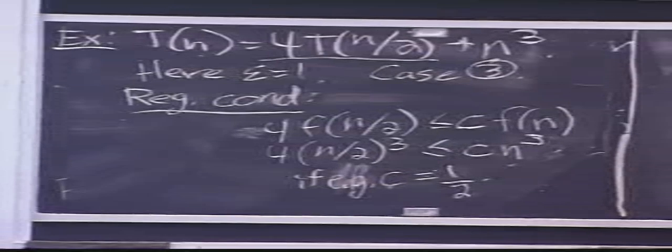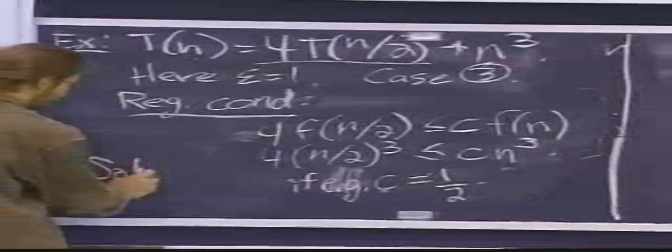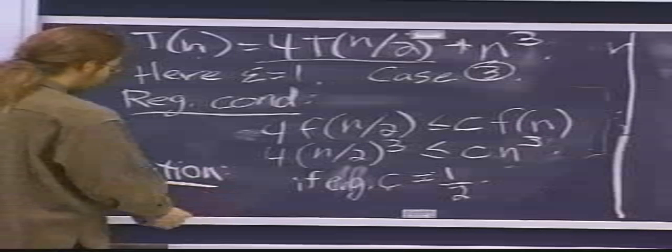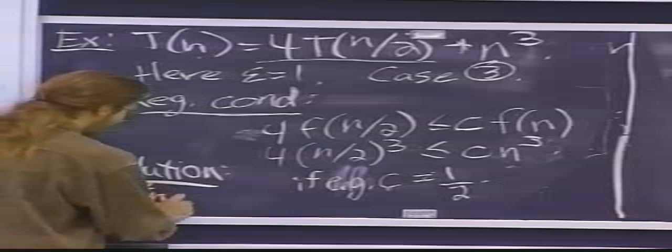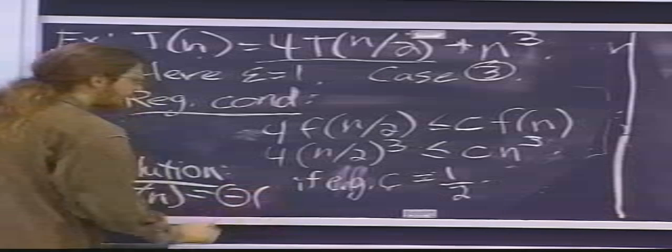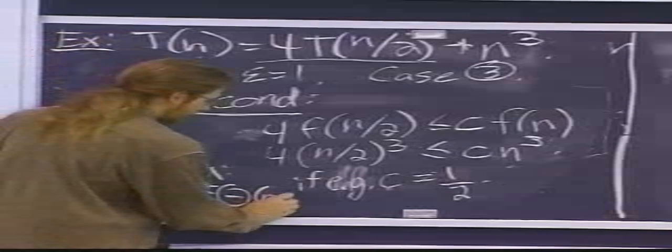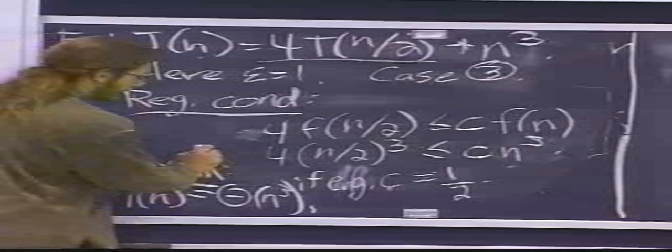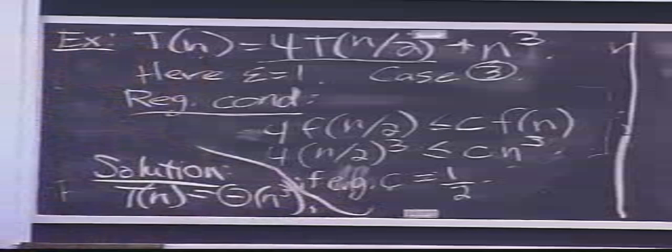And we get the solution, which I think I can fit in here. The solution in case 3 is that f of n dominates. And so T of n is theta f of n, which is just n cubed. OK, so a little bit more work to get the regularity condition to hold.